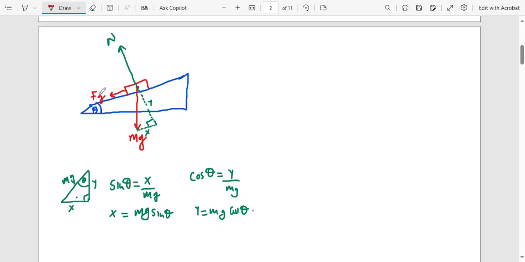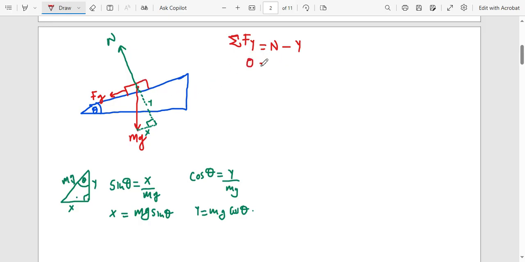In this case, let me start working first in the y direction. The net force in the y direction: you have the upward force, that's the normal force, minus the downward force, that is y. Now this object is not jumping up and down on an incline. So therefore the net force in y is equal to 0.